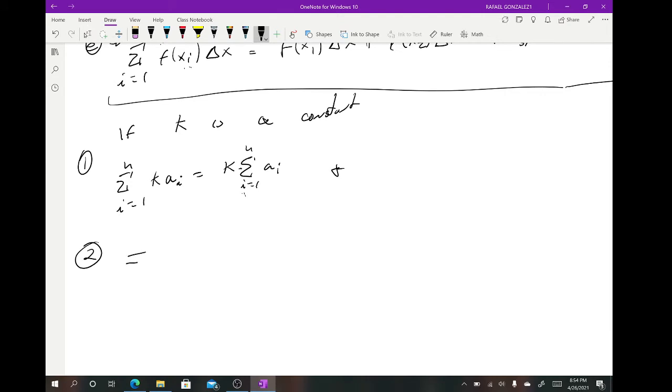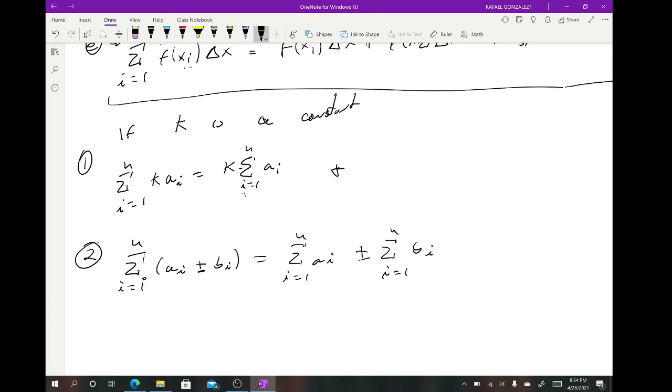And the other rule that you should expect to work is this one, the sum and difference. So if you have a_i plus or minus b_i, then that is equal to the sum from i equals 1 to n of a_i plus or minus the sum from i equals 1 to n of b_i.